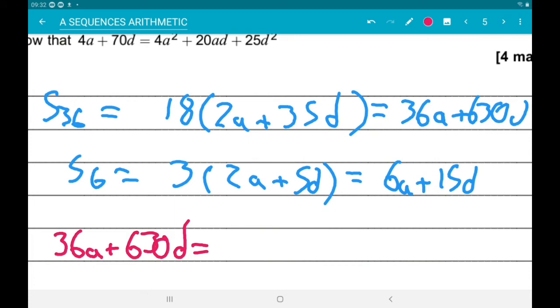So we're now going to square 6a add 15d. So that's going to give us 36a squared, and then we're going to get 6a times 15d twice, so that's 180ad, add 225d squared.